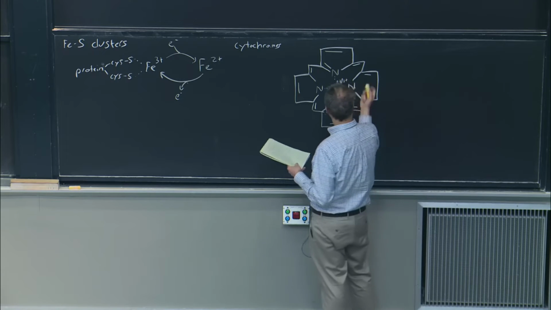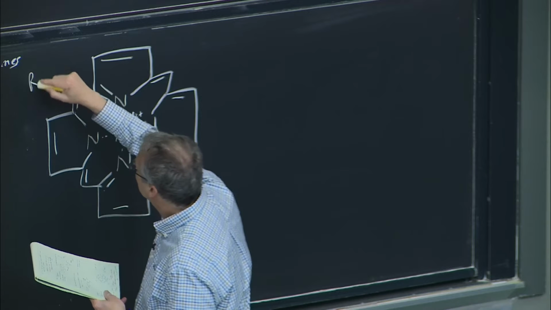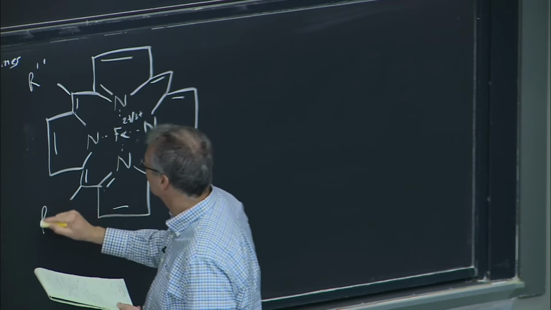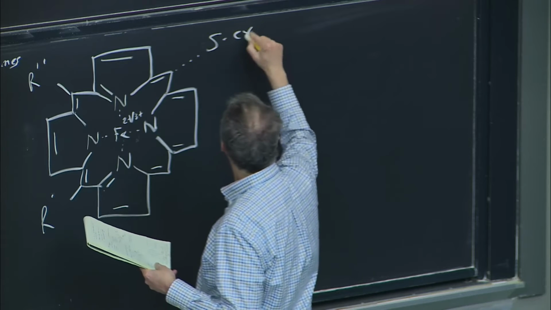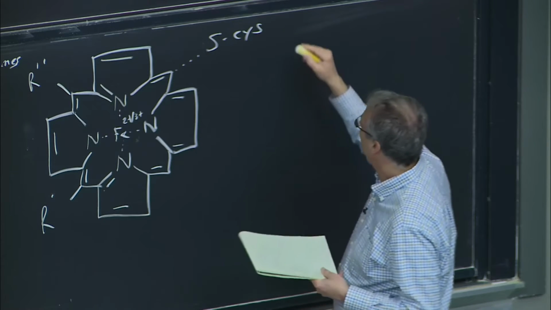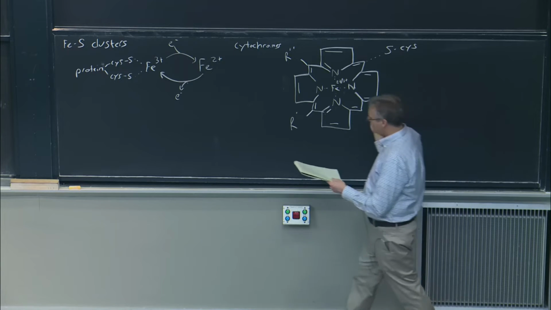And ultimately, this porphyrin can have some R groups added here, can be associated with it or bound to cysteine residues within proteins.